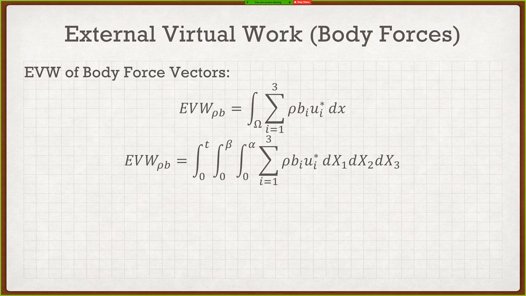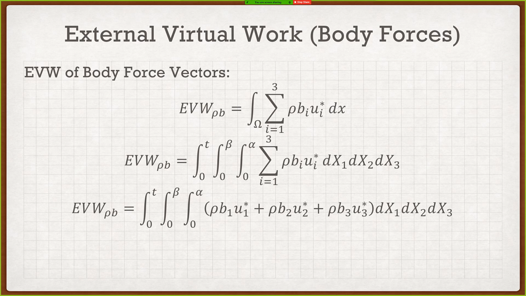Therefore, we can exchange it into the exact same thing we had before, where we're integrating from 0 to t in the x3 direction, from 0 to beta in the x2 direction, and then from 0 to alpha in the x1 direction. Again, I don't like summation, so can I make this a little bit simpler? Yes, we can take that summation and simplify it into the following, where we have rho b1 multiplied by u1 star plus rho b2 multiplied by u2 star plus rho b3 multiplied by u3 star.